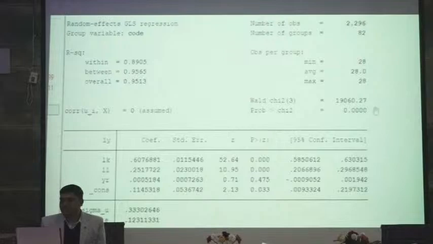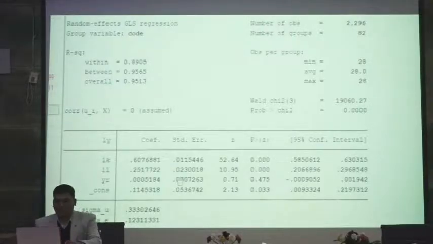And again you see the number of observations and the number of groups, with each group having 28 observations. Then you can check the overall significance of the model, and the significance of each and every variable by checking the p-value.